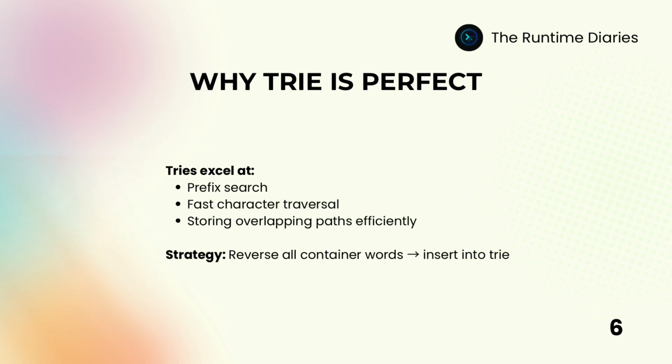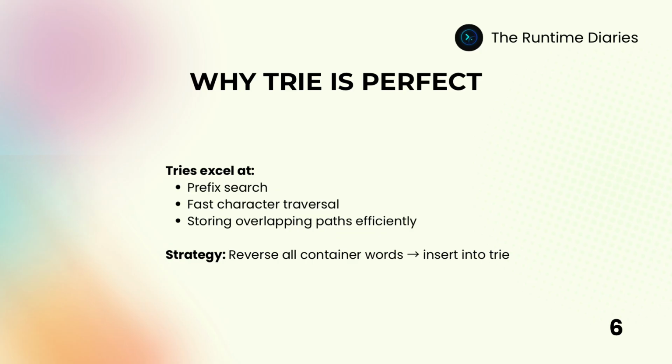Tries excel at three things. First, prefix search. They let you efficiently find all words that start with a given prefix. Second, fast character by character traversal. You walk down the trie one character at a time. Third, storing multiple overlapping paths efficiently. Words that share prefixes share trie nodes.